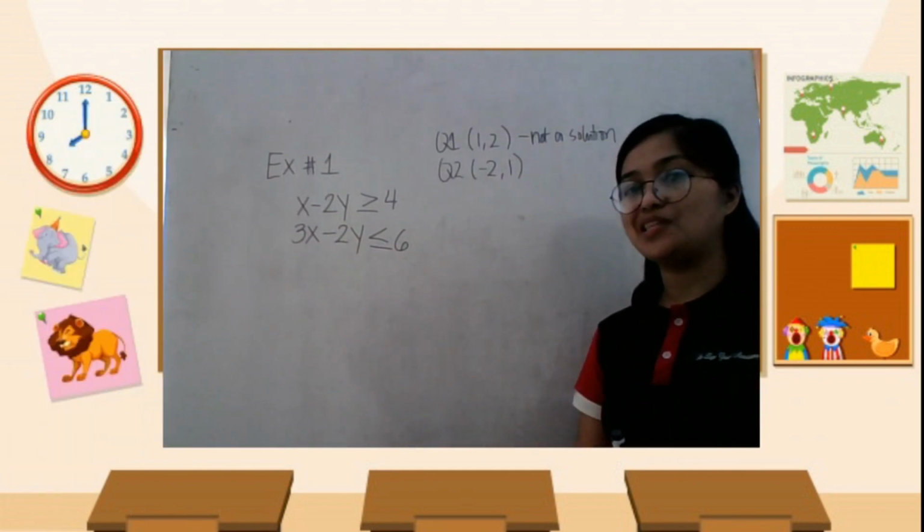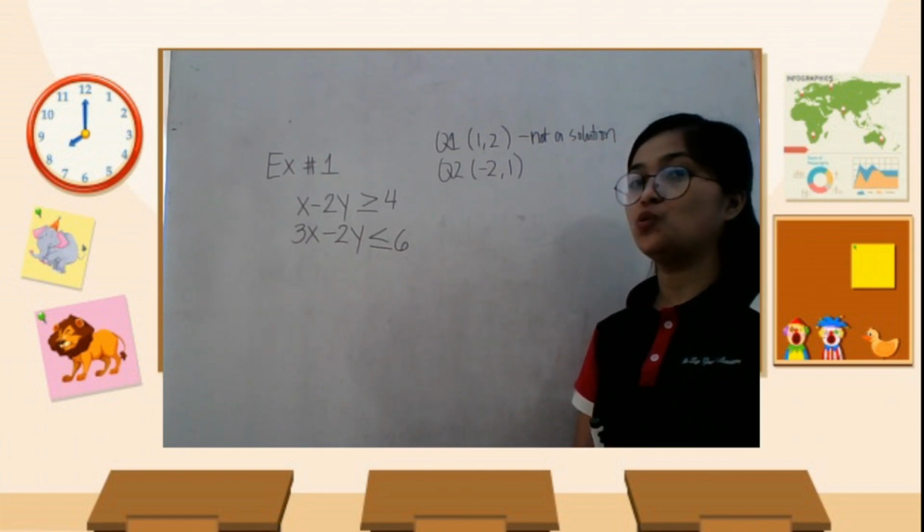Okay, that means our quadrant 1, which has the point 1 and 2, is not a solution.